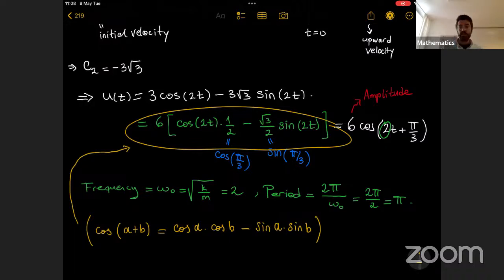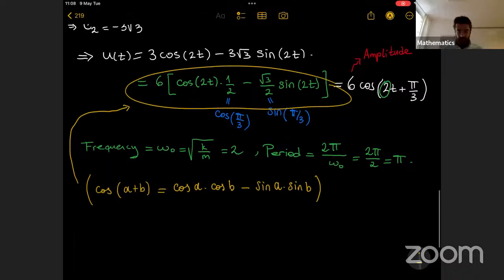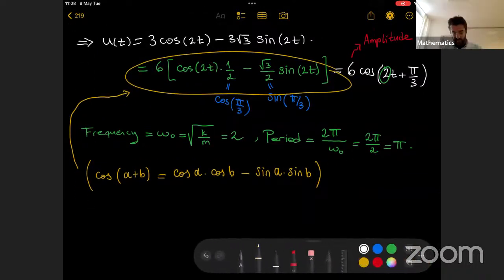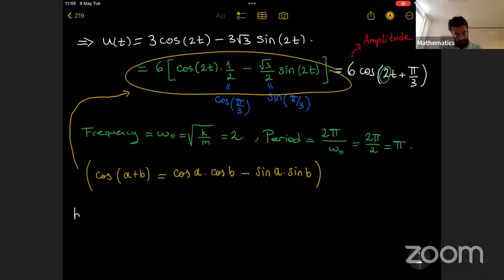All right, let's do the other parts. So let's continue this problem. Part B. Now suppose that there is an external force to this system.